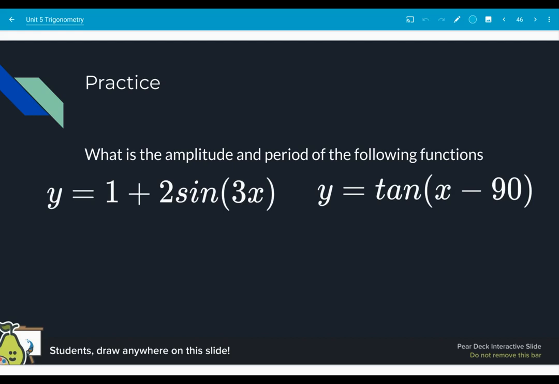So let's figure out the amplitude and period of the following functions. So for this one, remember, we're going to look at a. It's the number in front of our function. So amplitude is 2. Amplitude is 1.